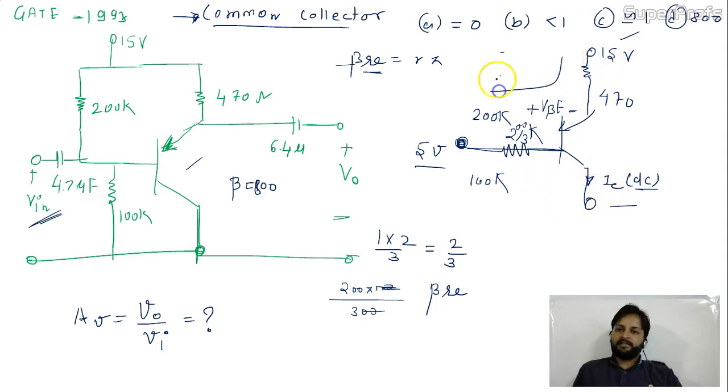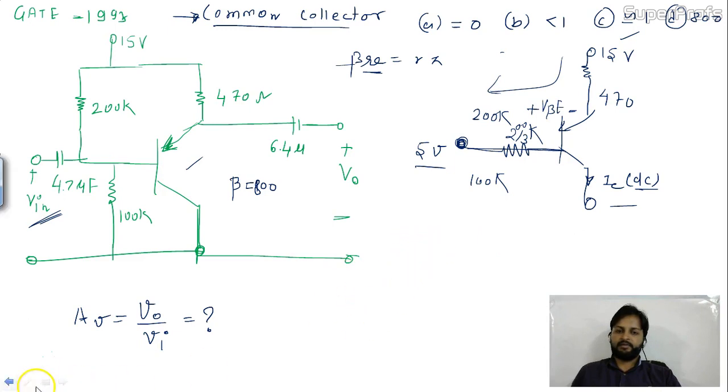So I'll apply the input loop analysis. So it will be 15 plus 0.7, divide by, wait a minute, let me clear some part and make some space, then I'll show you. So let's do it like the current I is coming like this.